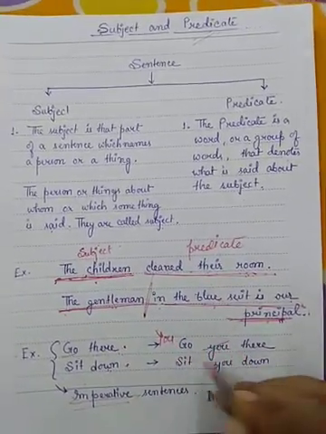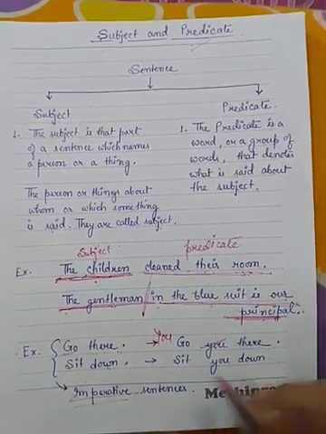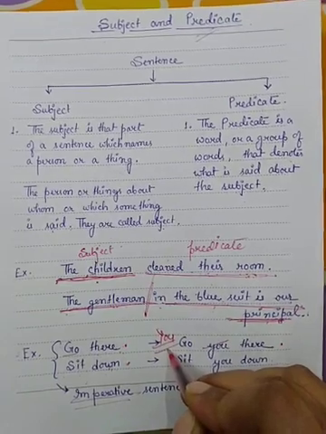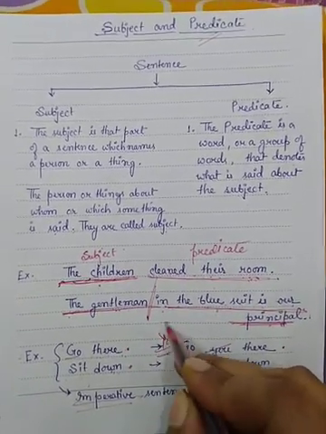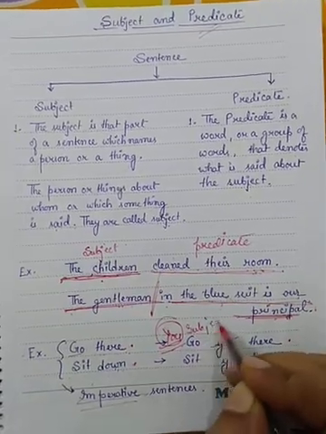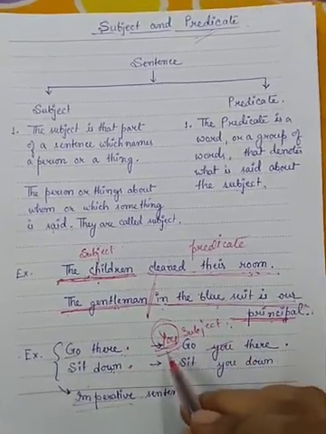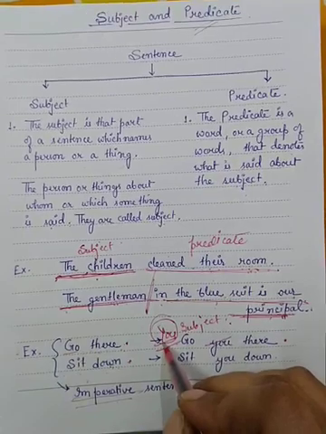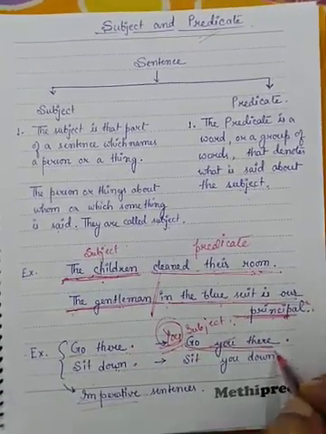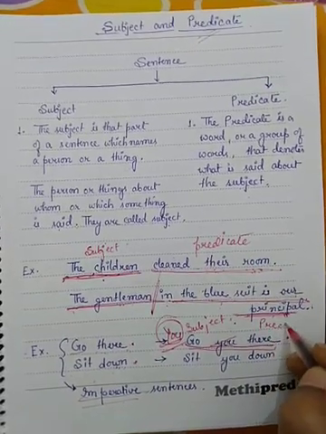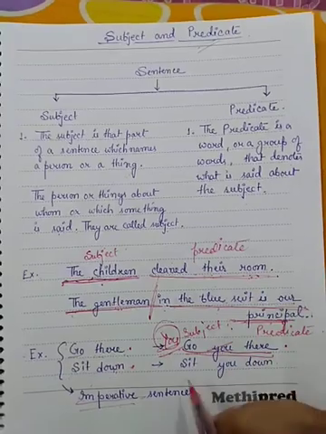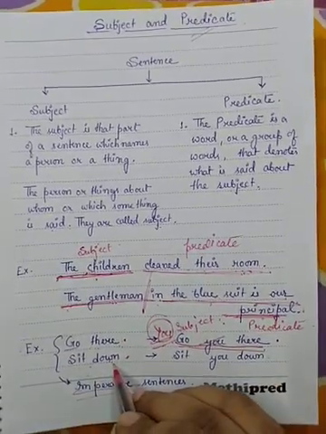You go there. So here the sentence is talking about you. This is the subject. And what we are saying about this subject is go there. So this is the predicate. Same, sit down.